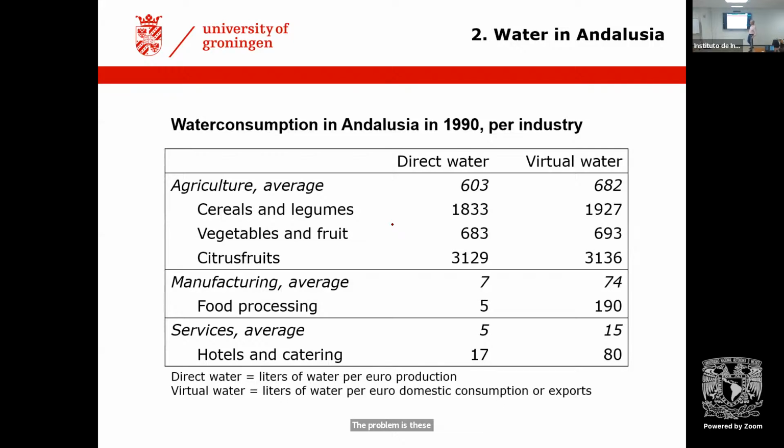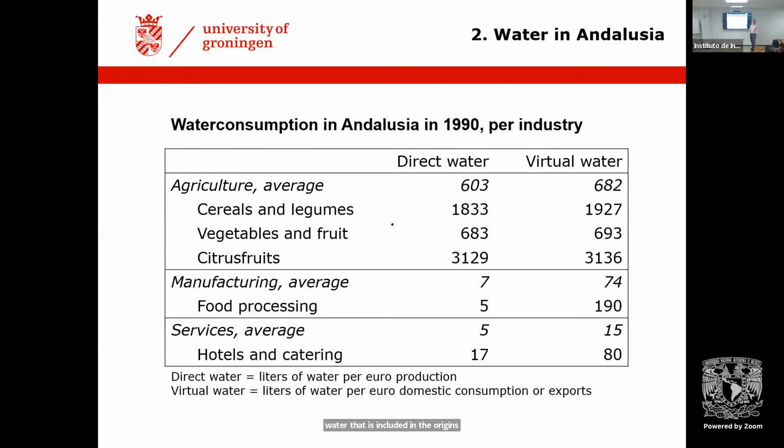Virtual water is the liters of water per euro of domestic consumption of vegetables. This means the amount of water that is included in the oranges as you buy them in the shops.